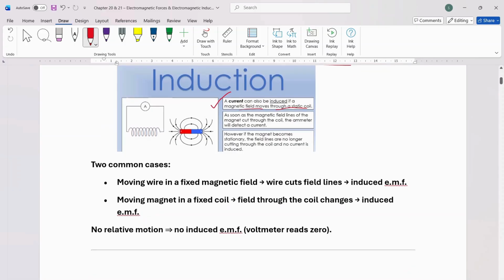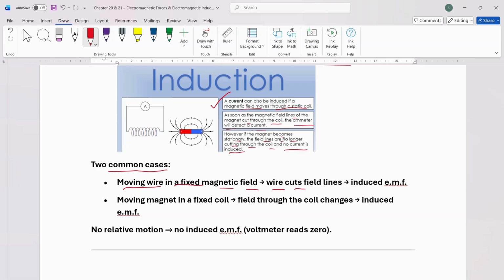As soon as the magnetic field lines of the magnet cut through the coil, the ammeter will detect a current. However, if the magnet becomes stationary, the field lines are no longer cutting through the coil and no current is induced. We have two common cases: moving wire in a fixed magnetic field.